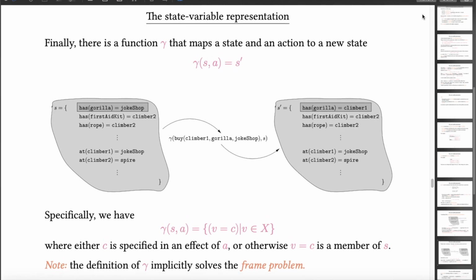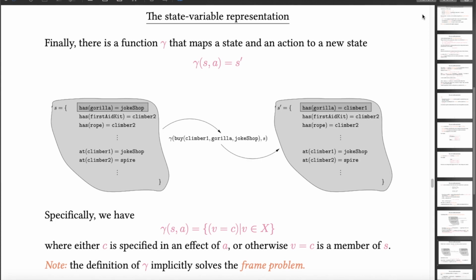And I hope that you can now guess the way in which one updates a state in the light of having applied an action. The effect of that specific buy action is to change the ownership of the gorilla from the joke shop to the climber. And that simply corresponds to updating the definition of the has state variable so that for the parameter gorilla, its value is now climber 1, whereas it used to be joke shop.